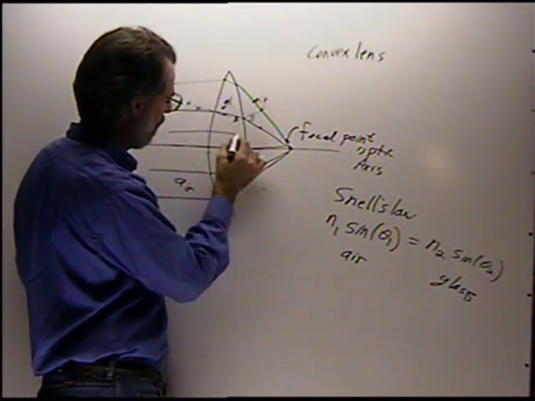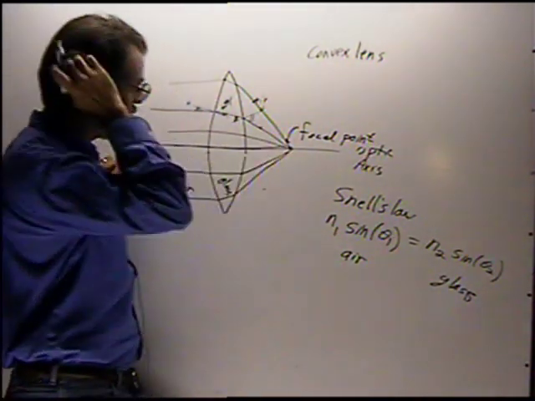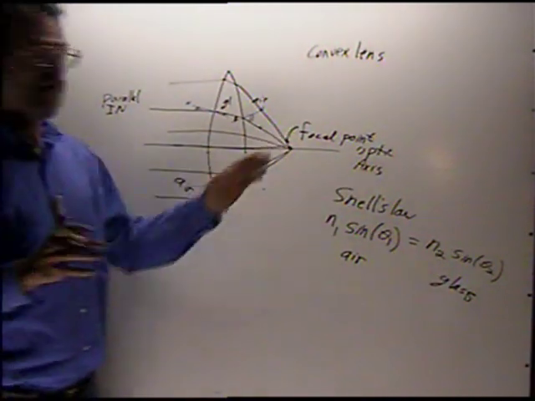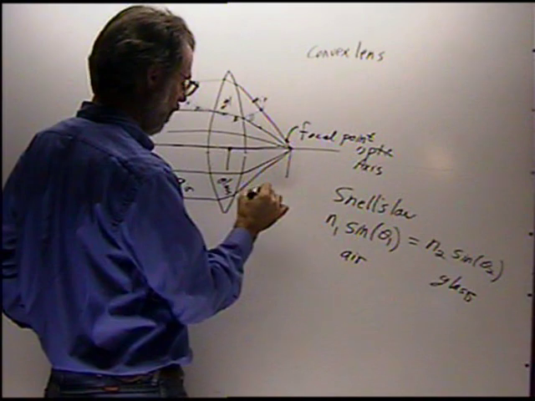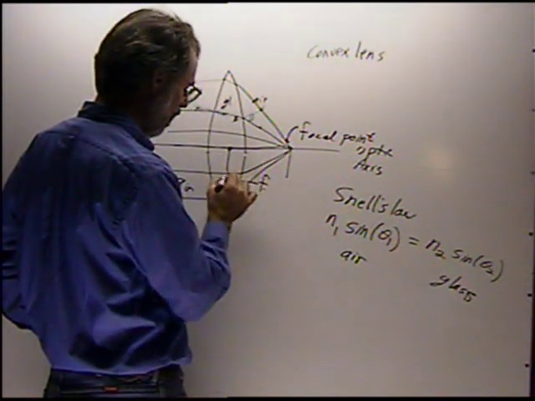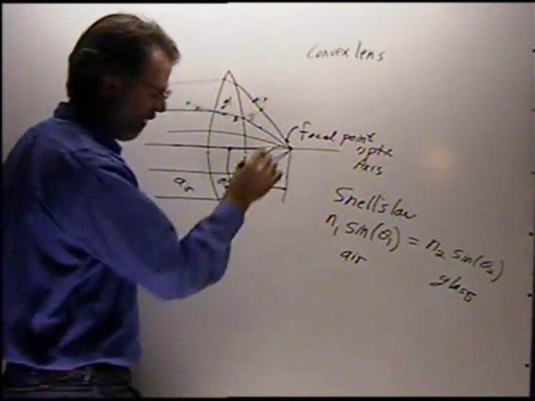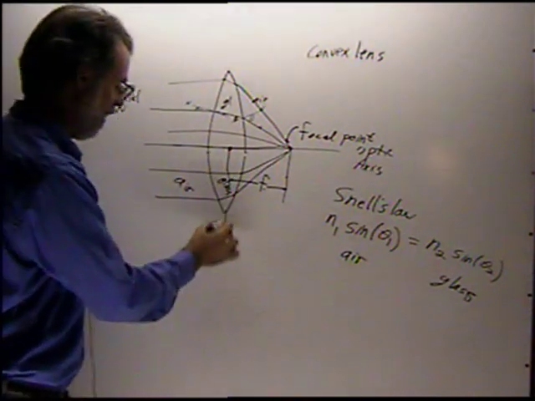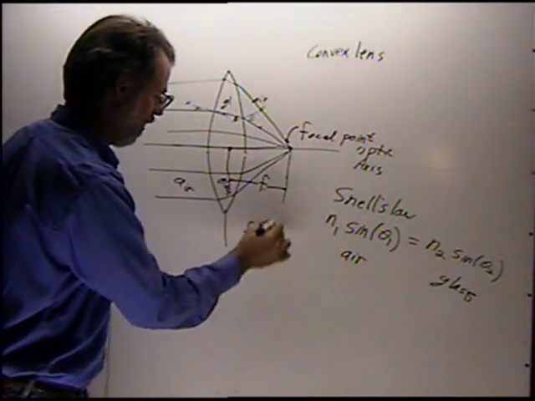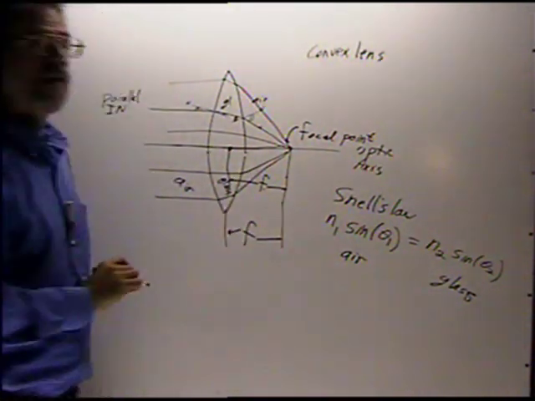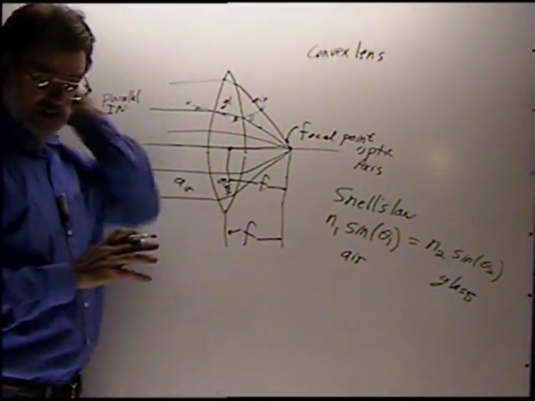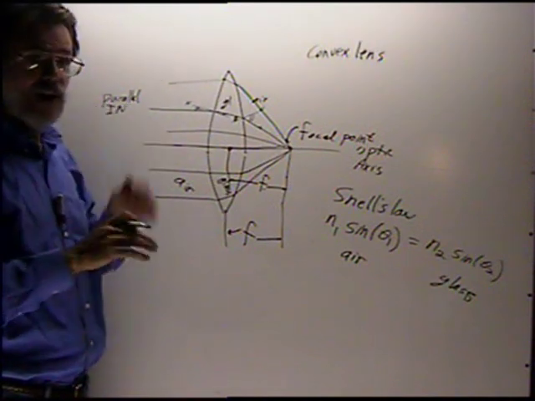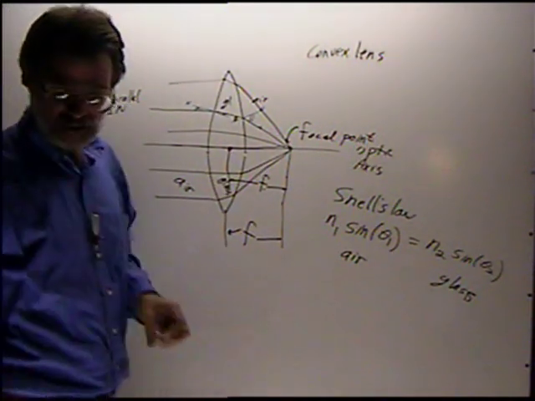The focal length is from the center of the lens to that focal point, so the focal length is that distance right here. With that in mind, now we start solving some problems.